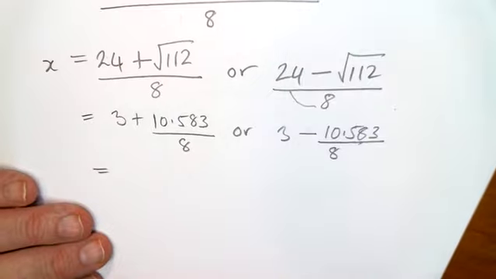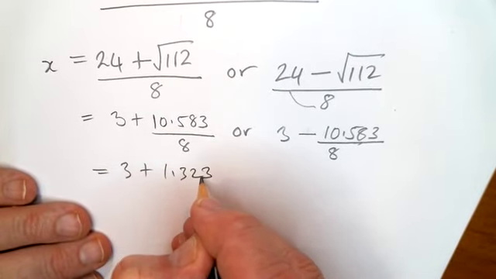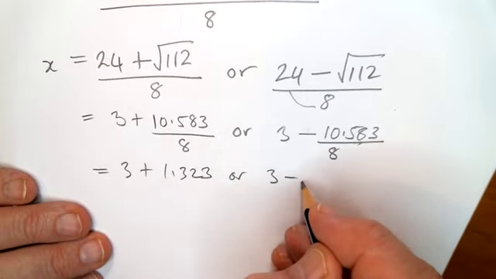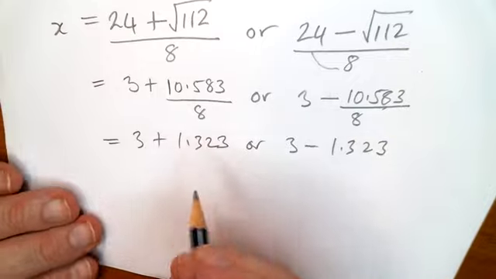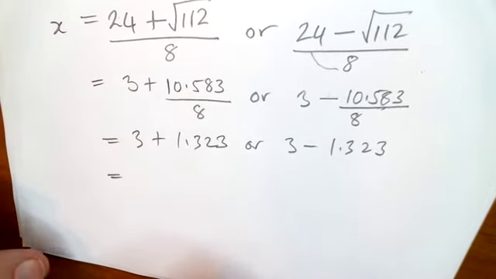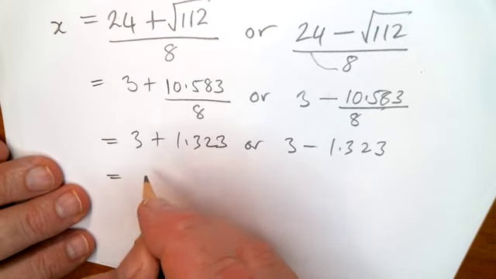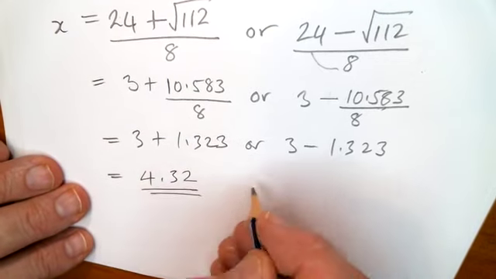Yeah, that's good. So I've got 3 plus 1.323, or 3 minus 1.323. Because I'm going to try and have a 2-digit answer, I'm just rounding it to 3 dp, so that seems perfectly acceptable. 3 plus that is going to be 4.32. That's my answer to 2 dp.